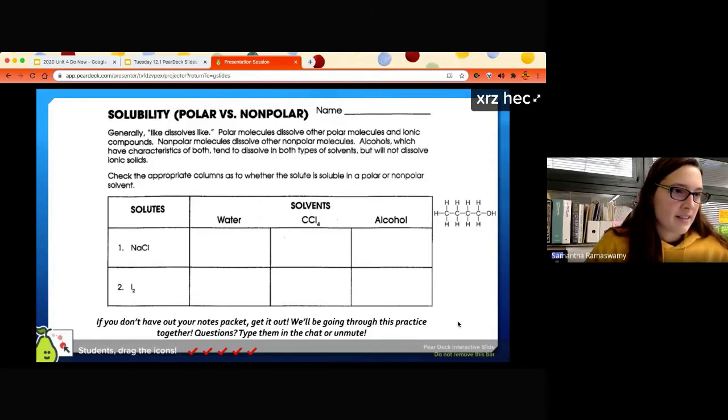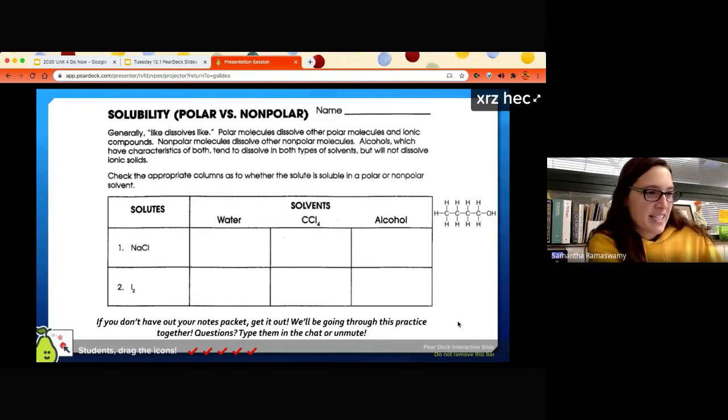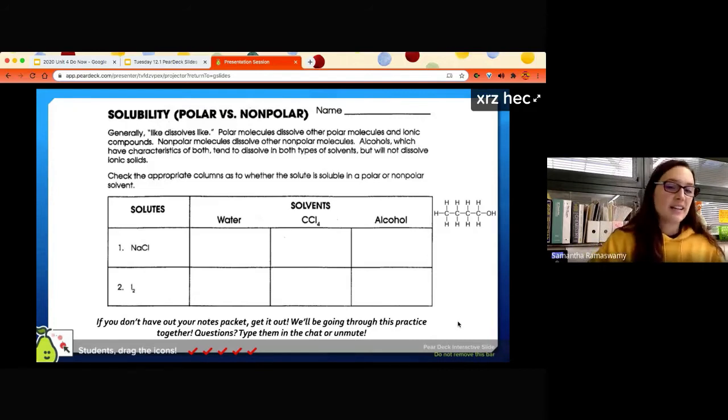Good. So it looks like most people had fixed it for NaCl. NaCl can only dissolve in water. So for NaCl, you should have 1 check mark under water, and that's all. NaCl will not dissolve in CCl4. NaCl will not dissolve in an alcohol. I2 is nonpolar. Iodine is nonpolar.